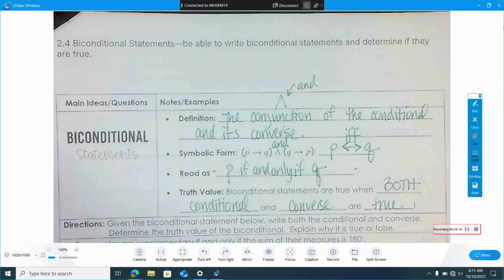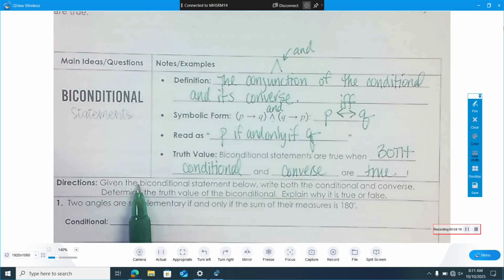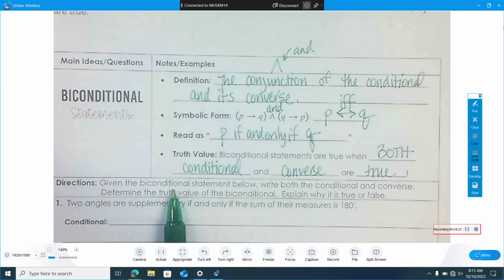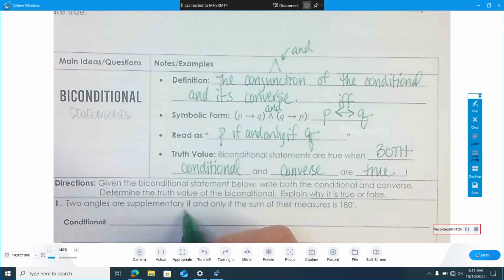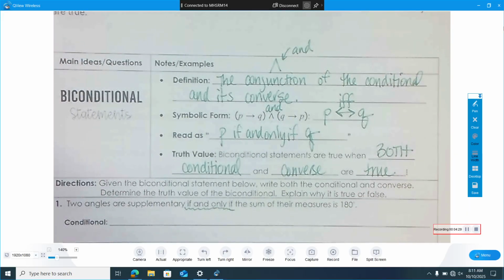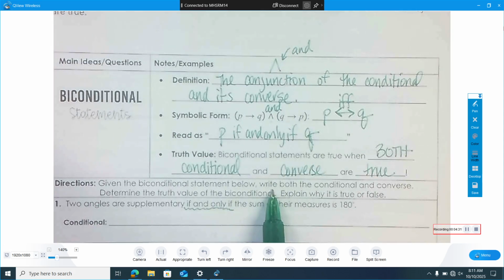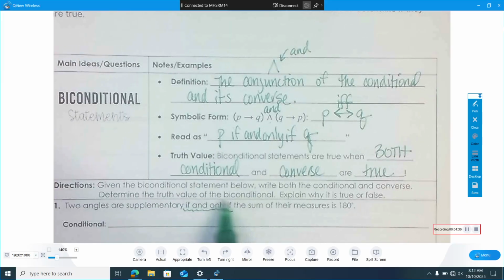So let's test this. Let's see how we write them. So the directions: we're given the biconditional statement below. And we know it's biconditional because it says if and only if, okay. Given the biconditional statement below, write both the conditional and the converse. Determine the truth value of the biconditional.